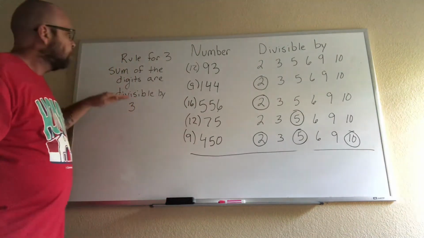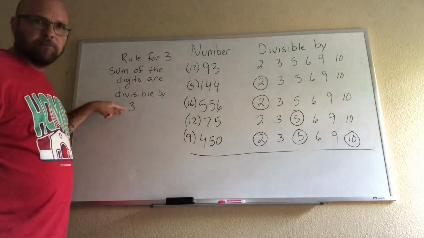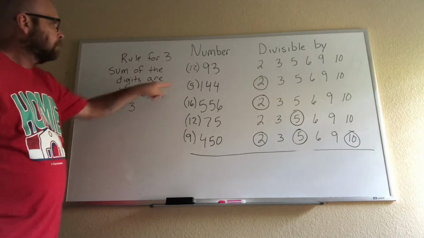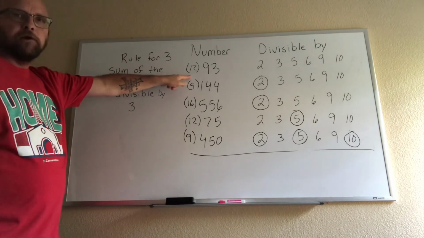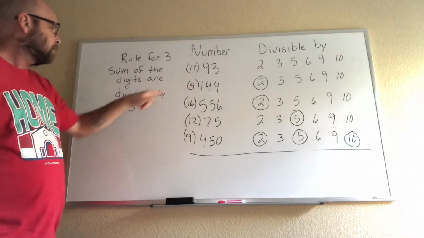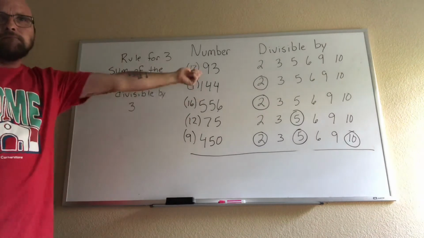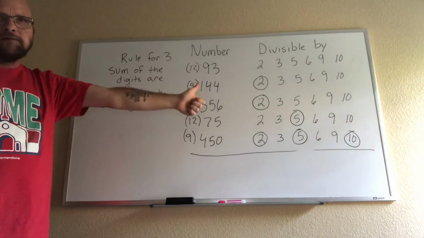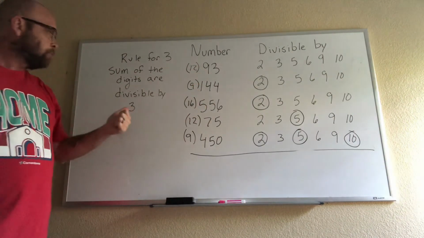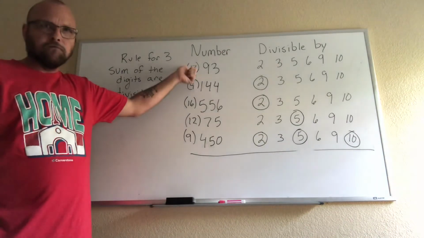Then we see if 3 times something will equal that number. So the sum of the digits in 93, 9 plus 3, was 12. Does 3 divide into 12 evenly? Thumbs up or thumbs down? Yes, 3 divides into 12 evenly because 3 times 4 equals 12.